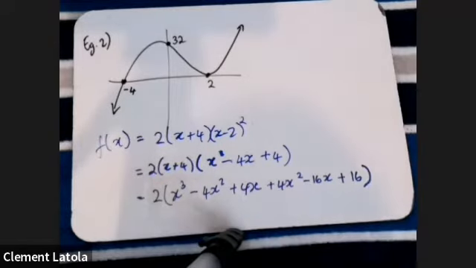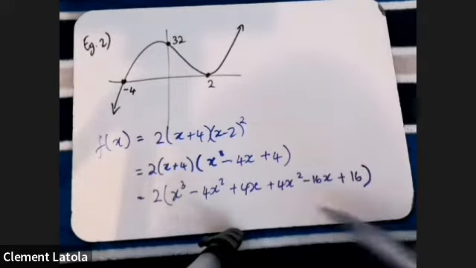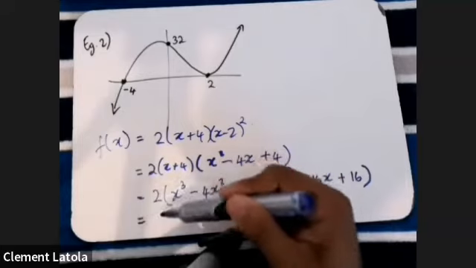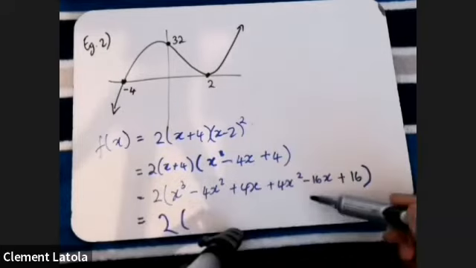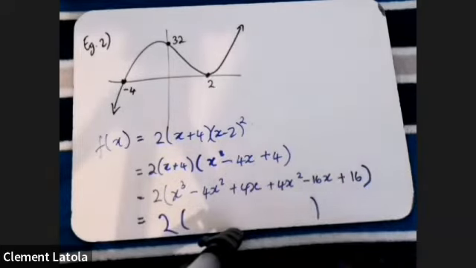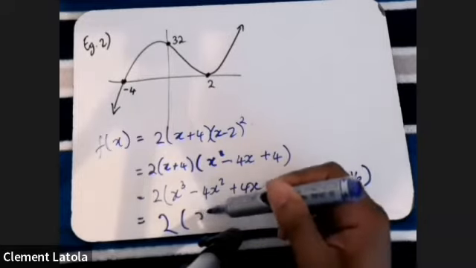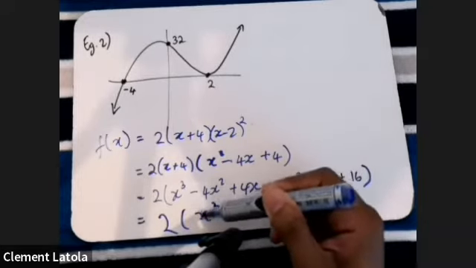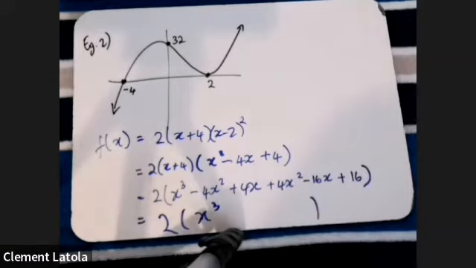Okay. Now I'm first going to add up the like terms, and then I'm going to multiply everything by 2. So adding up the like terms first. x cubed is all on its own. Then we have minus 4x squared plus 4x squared.